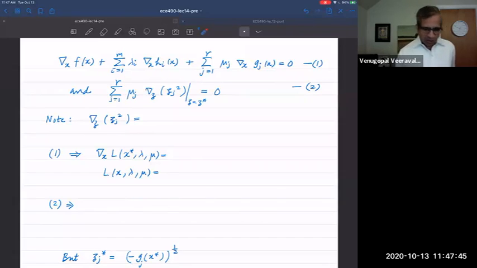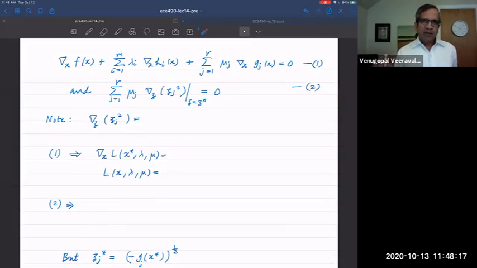All right, so we can write down these two gradient equations that we had on the previous page. I've just rewritten them here, 1 and 2. If you look at the gradient with respect to z of zj squared, because zj only depends on the jth component, the partials with respect to all the z's except for the jth component are going to be 0.